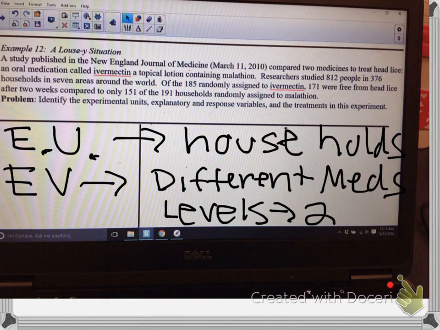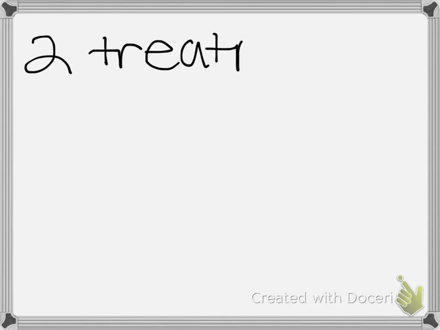So, how do I get a new page here? I'm going to have to go to the end to fix it. The 2 treatments then, because there's 2 levels and only 1 explanatory variable. Let me be clear again.